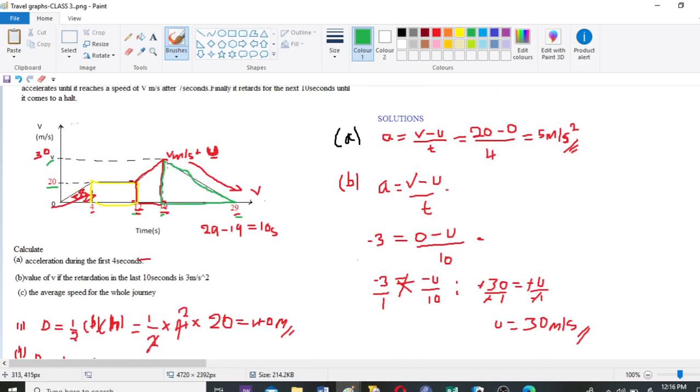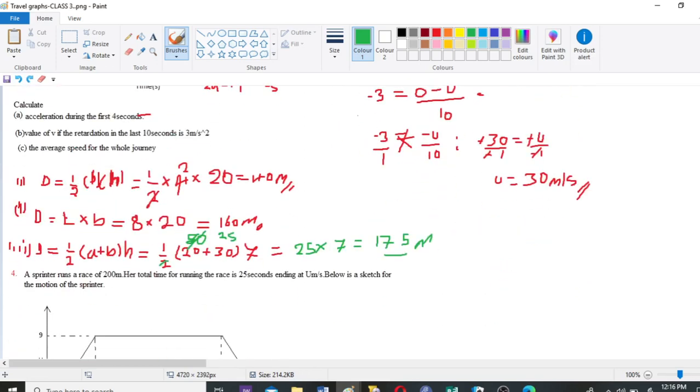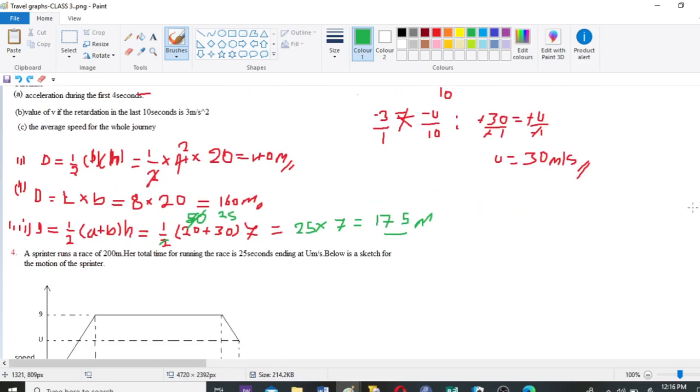You can see it. So again, use the formula for the triangle. So let's put this as our 4. Okay, hope you see now how we are calculating this.